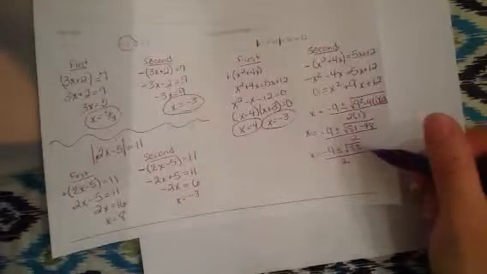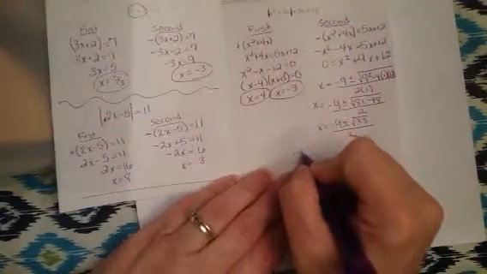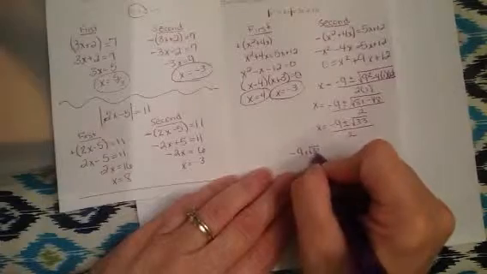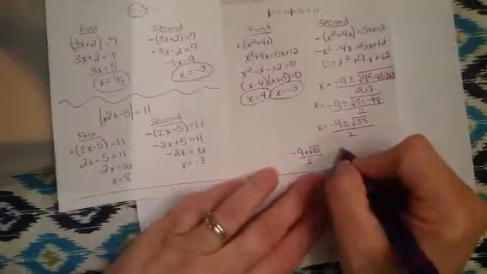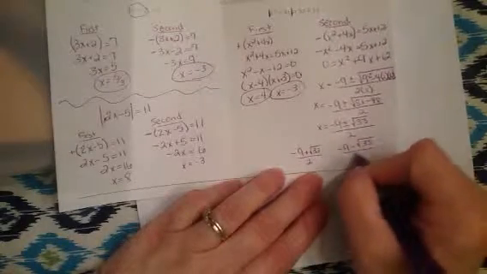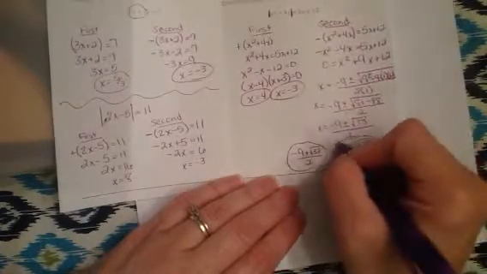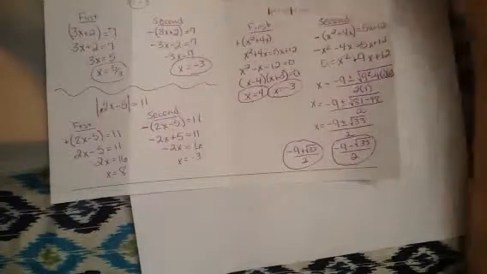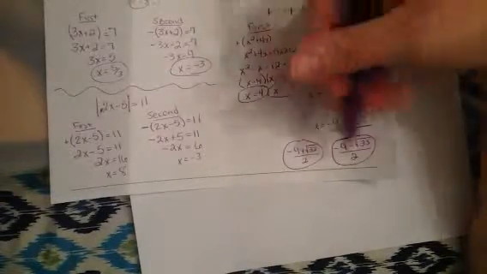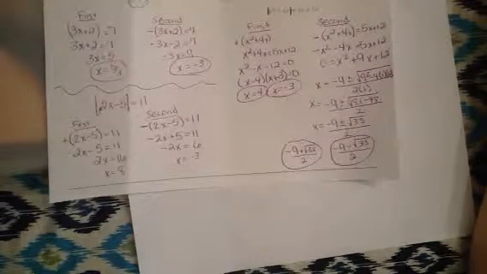Now 33, you can't take the square root of it, or you can't pull anything out, so that gives you two answers there. Negative 9 plus the square root of 33 over 2, and negative 9 minus the square root of 33 over 2. Okay, so you have 4 answers, and I know these look like you couldn't check them. You can plug them in, especially if you use your calculator, and check to see if all of those work or not.